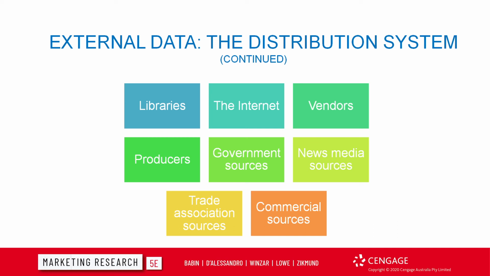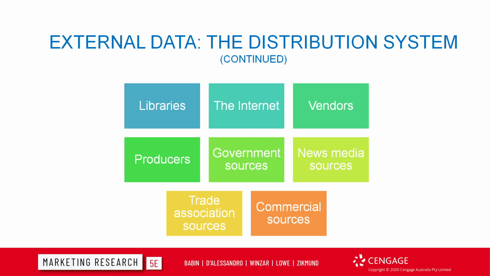Quality of information can be another question here, because anyone can set up their own website and fill it with whatever content they want. So you should consider the authority, accuracy, and coverage of anything posted on the web or in social media. Many external sources of secondary data are directly available from the organizations that produce the data or from intermediaries, often called vendors.